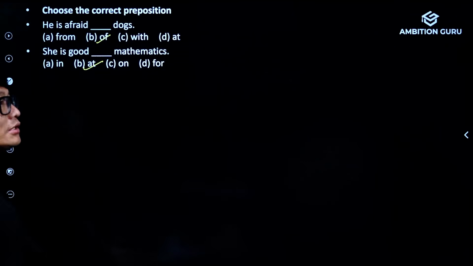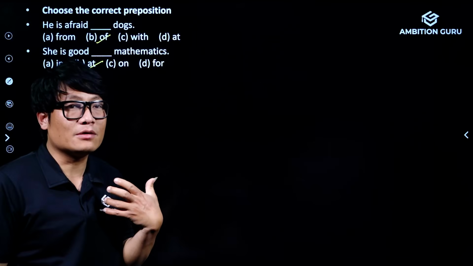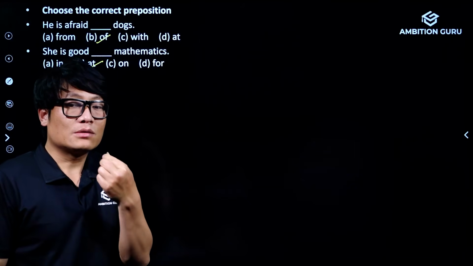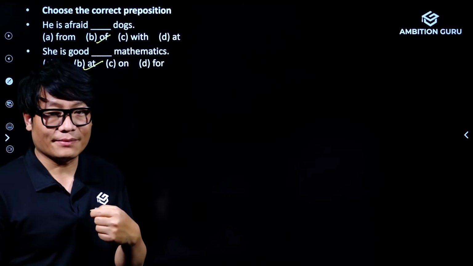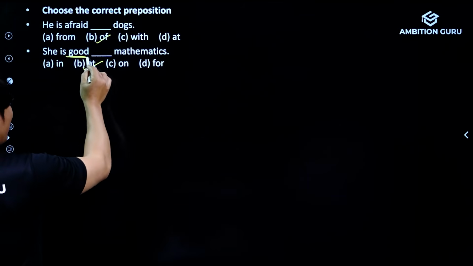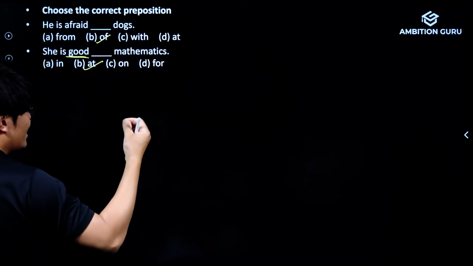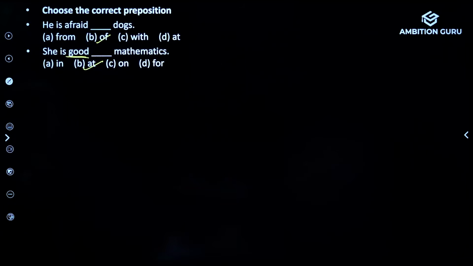Suppose you are perfect in singing, so you can say I'm good at singing, because after good or bad there should be at, not in. I just told you, after good or bad, when it talks about quality at something, then you need to use at. Like good at mathematics, bad at mathematics.